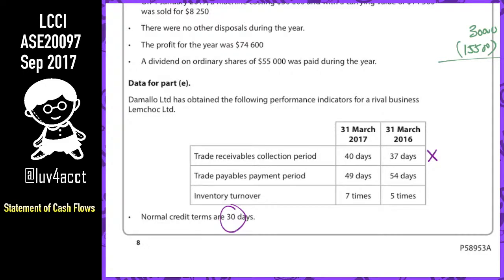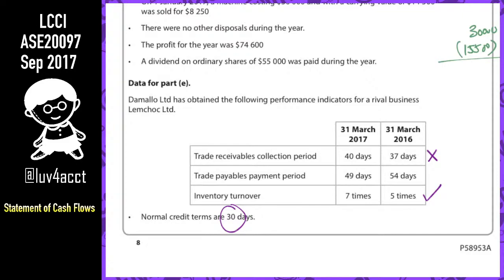We can neither say it is good nor bad, because it can be good, it can be bad. Okay, and inventory turnover more times, and it's good. Okay, so I would say it is better, except that we should be able to collect our receivables more quickly. Not we, but then this rival business.